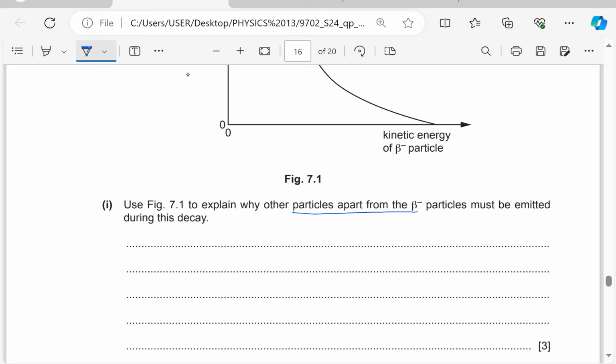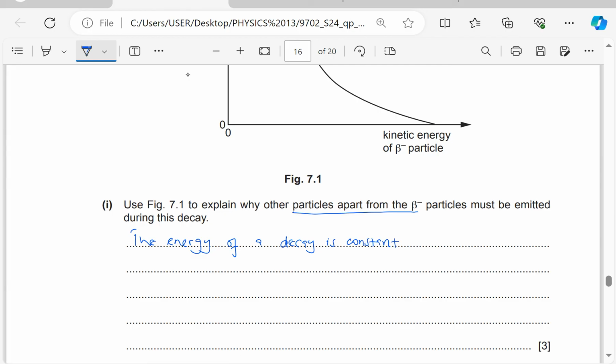So we know that the energy of any decay is supposed to be constant. So that's the first point: the energy of a decay is constant.